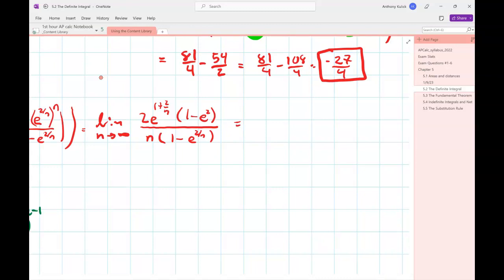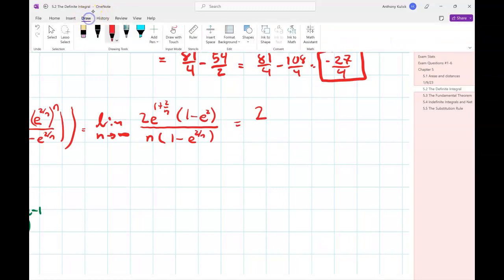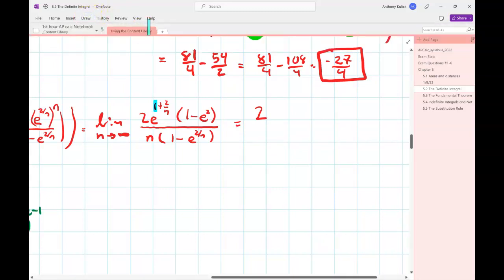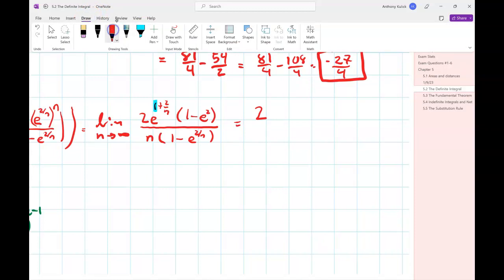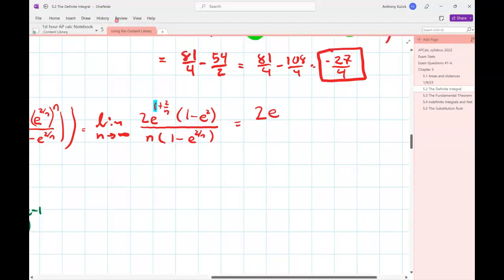So what I'm going to do now is pull out anything that doesn't have an n. Any factors that don't have an n. So I can take out the 2. I can take out an e to the first. And I can take out a 1 minus e squared, all from the numerator.